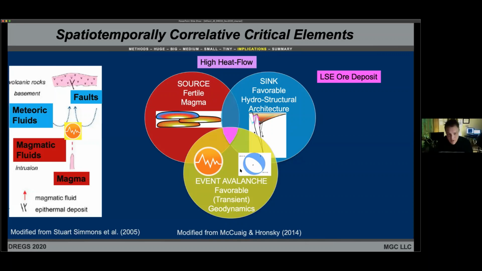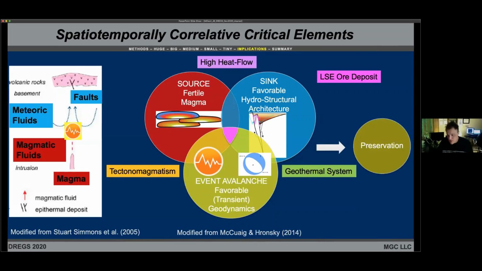And only when all three of these things overlap in space and time are you capable of forming a deposit. And when you have just two of the three, you kind of get one of these other systems. Ultimately, for the benefit of this project, you need preservation, and we have great preservation and actually exhumation of the system to actually see all this in outcrop.